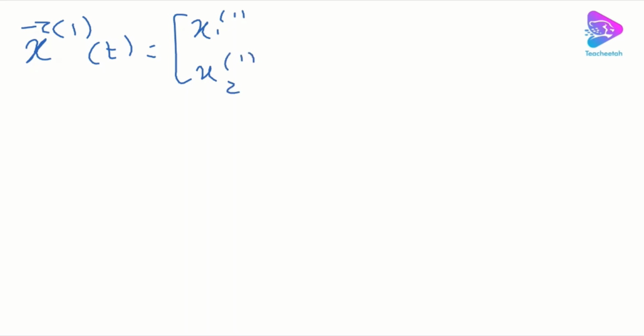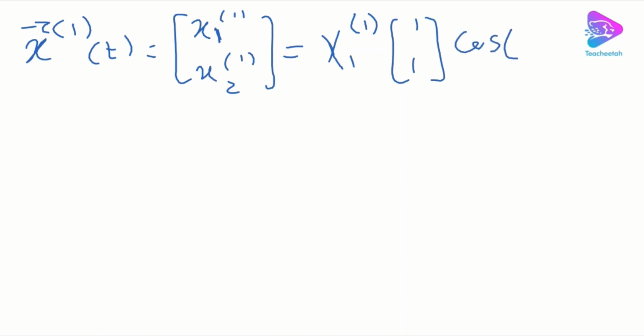But before we move on, let's simplify a little bit. Again, x(t), which is like a vector with components x1 and x2, now just functions of time, is equal to, using the expression we had before, x11 times (1, 1) times cos(omega 1 t plus phi 1), where omega 1 is 0, so it's cos of phi 1.